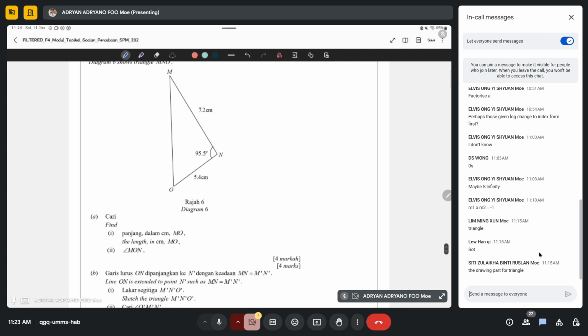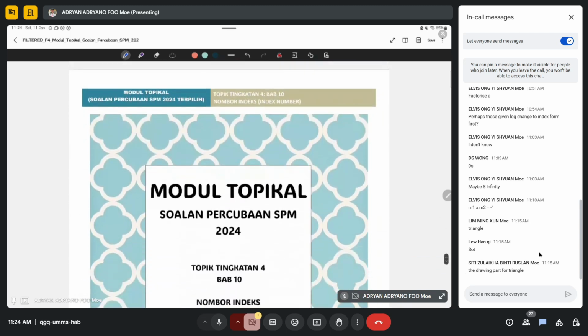Line ON, so I extend. N is somewhere here, but MN must equal M'N'. So the other line is down here. These two lines are the same size. When you draw, roughly like this, that's all. This is for ambiguous.